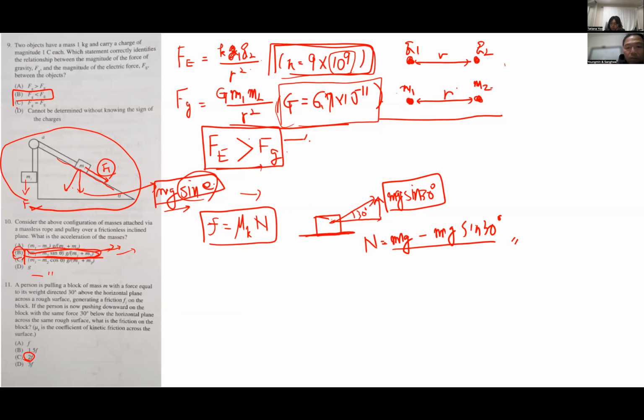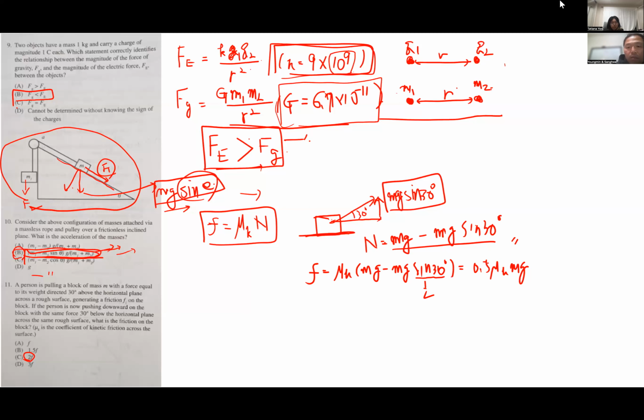So the frictional force is mu k times mg minus mg sine 30 degrees. Here sine 30 is 1/2, so that should be 0.5 mu k mg, right?